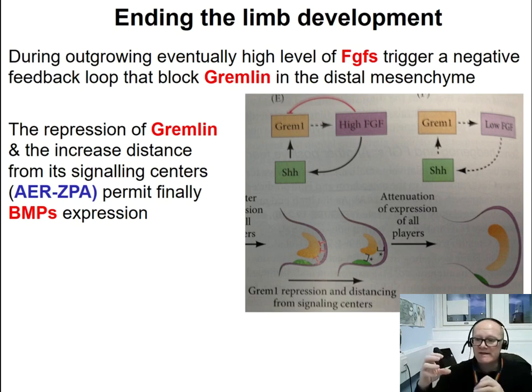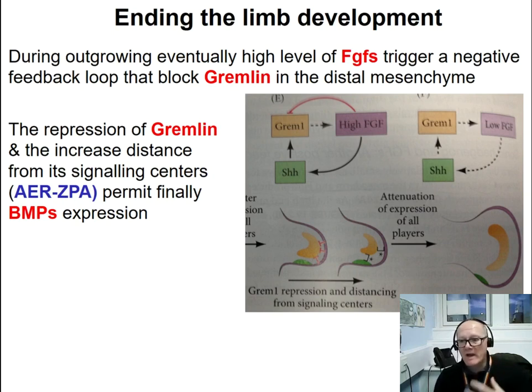So the two signaling centers are far apart, so they cannot really help each other or sustain each other anymore. When gremlin goes down, because the mesenchyme doesn't receive much SHH anymore, and it does receive a lot of FGF8, which will repress gremlin, this therefore allows BMP expression.